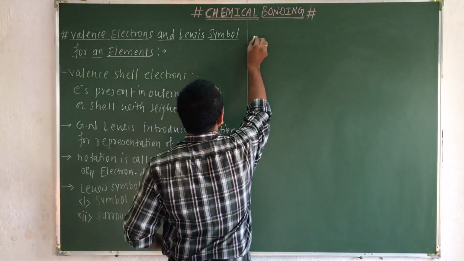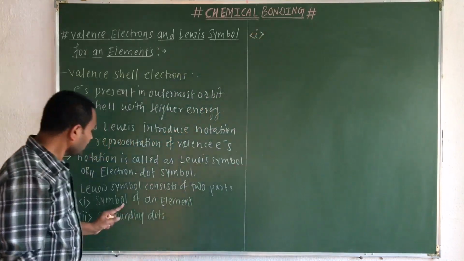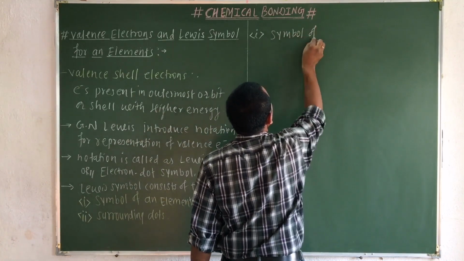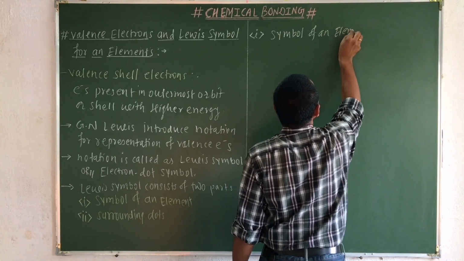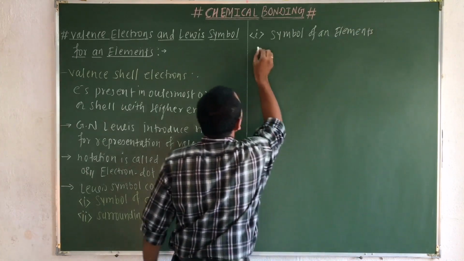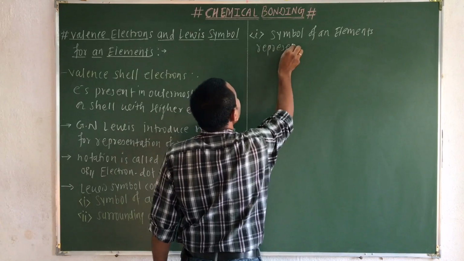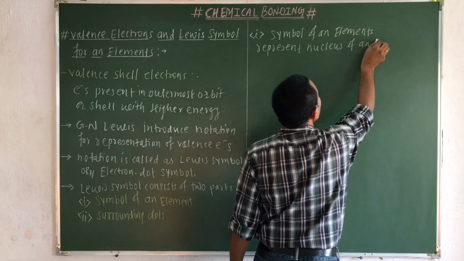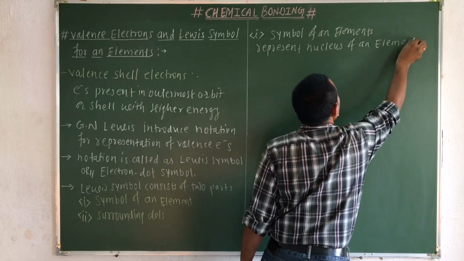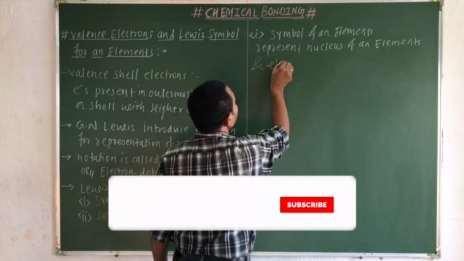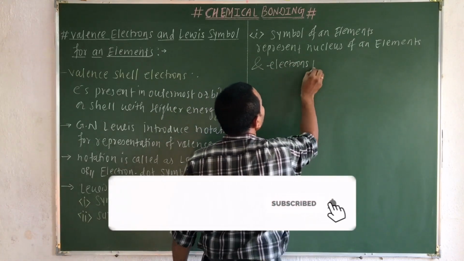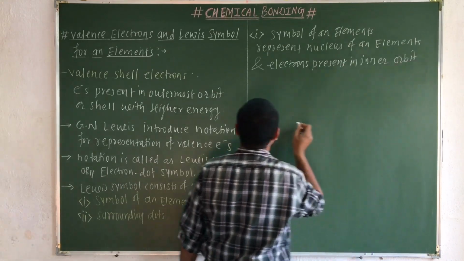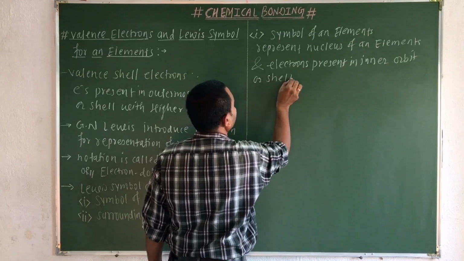Now remember here, first, the symbol of an element generally represents the nucleus of an element and the electrons present in the inner orbits or shells.